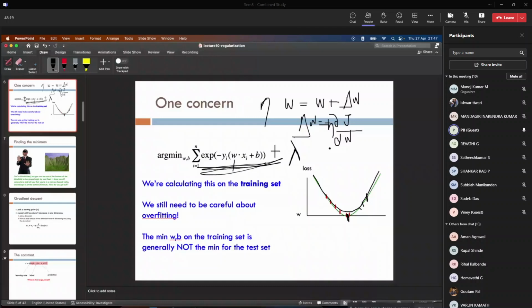This writing is very poor. So it is basically minus eta dou J by dou W.